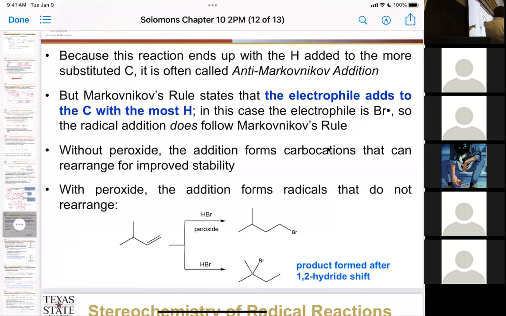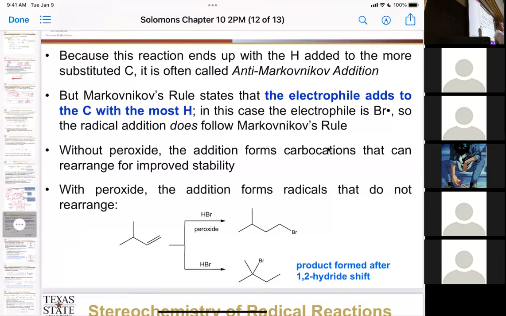Without the peroxide, though, you get the carbocation and you get rearrangements. Remember this little thing here? We made three different alcohols from the same compound. We did hydroboration to get the primary. We did oxymercuration, demercuration to get the secondary. And when we did water and acid, we rearranged and got a tertiary alcohol. So if we had just HBr with this compound, it would add across the double bond, but it would rearrange with a 1,2 hydride shift, giving us our tertiary alkyl halide.